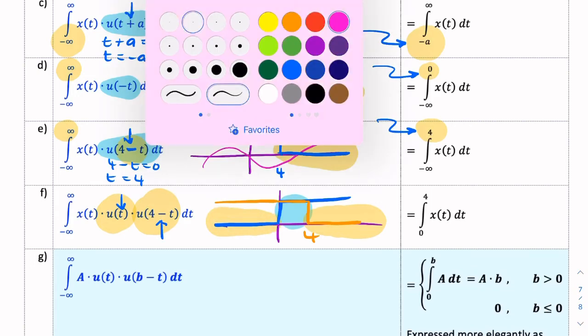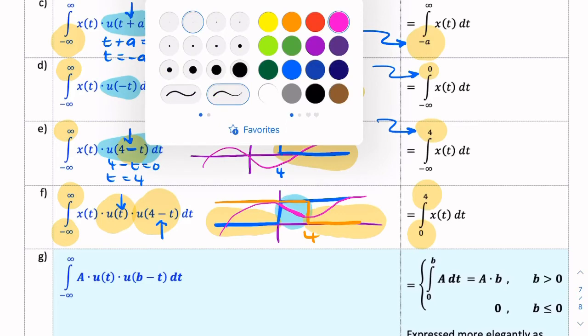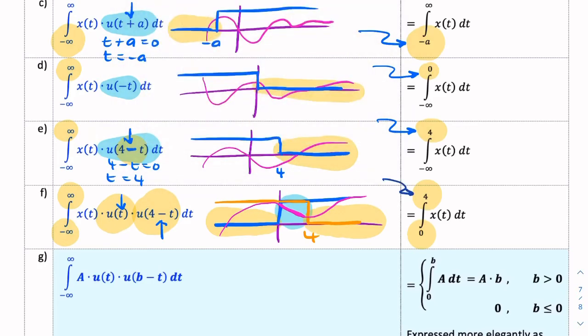So if you have your signal x of t, the only time when it's multiplied by something other than 0 is between 0 and 4. So rather than replacing one limit, we're replacing both limits. So the answer has these limits replaced with 0 and 4.